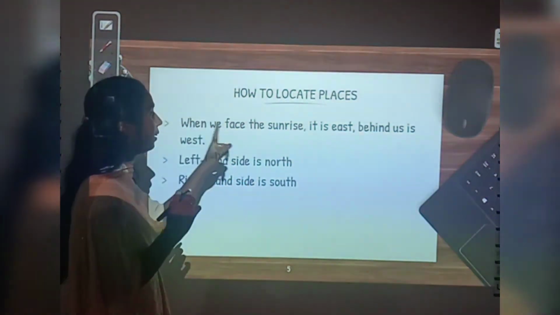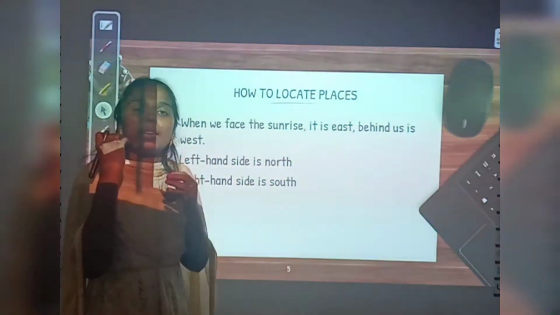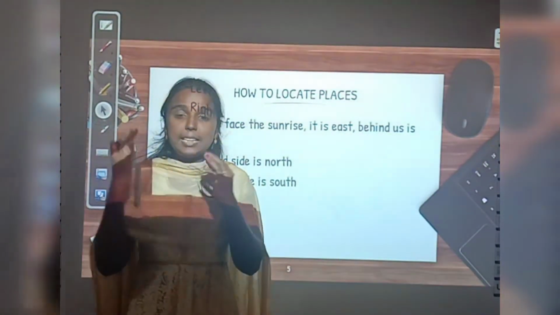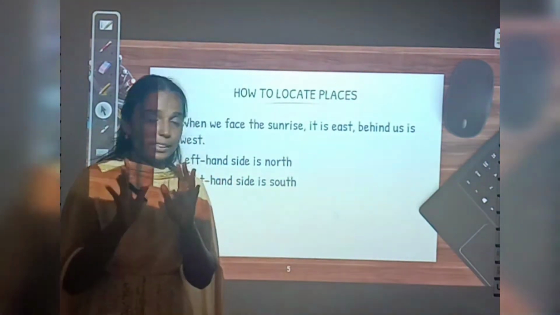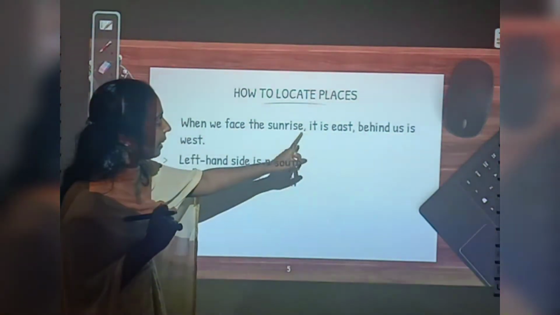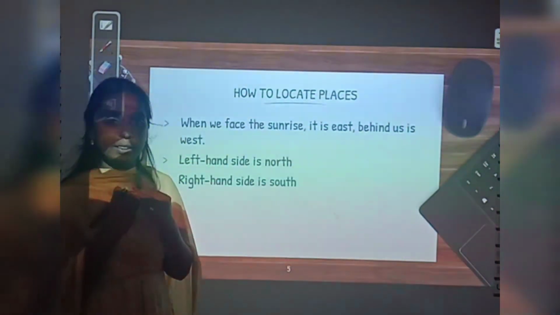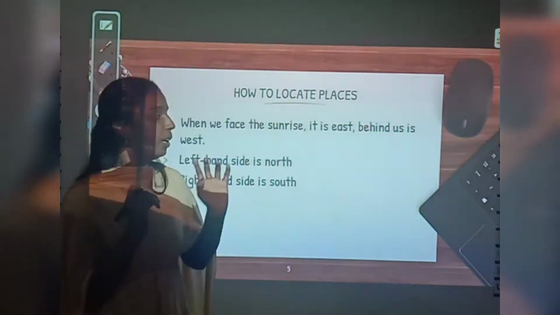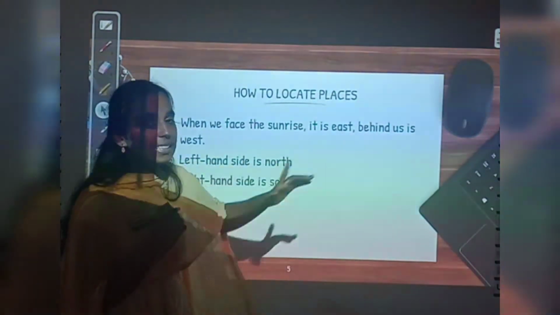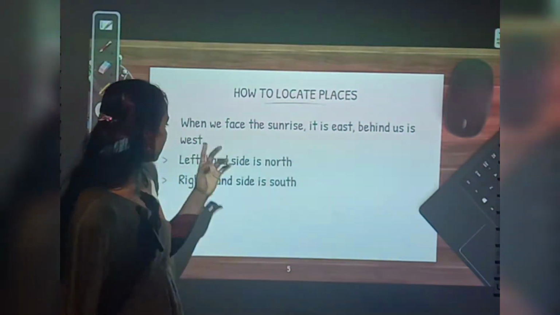If you want to know the location of a place, first you have to face the sunrise. When we face the sunrise, it is east, because the sun rises in the east. Behind us is the west.